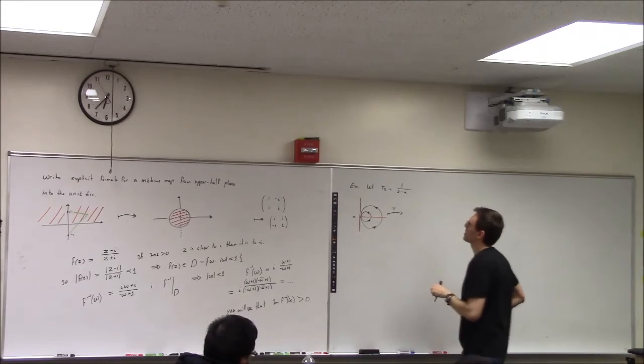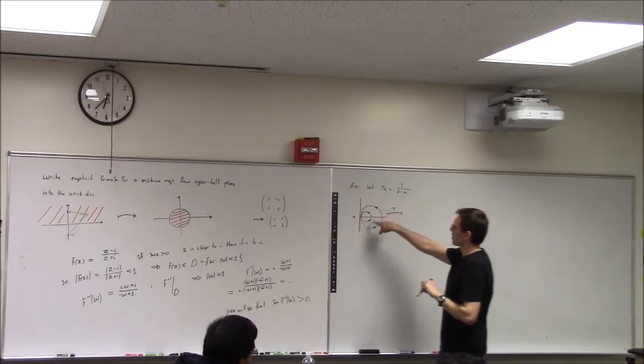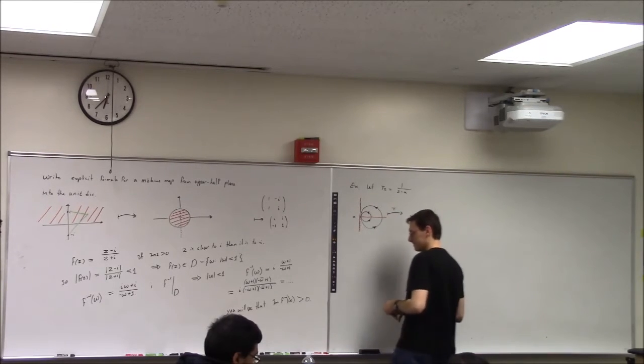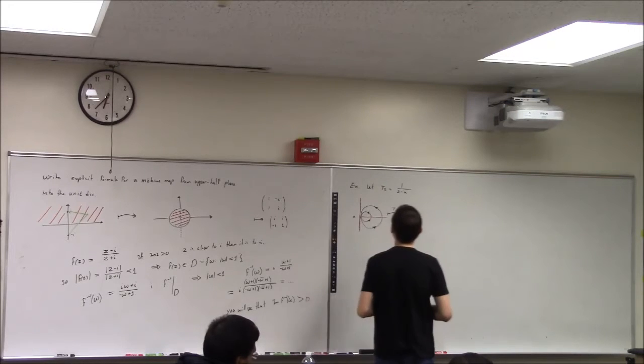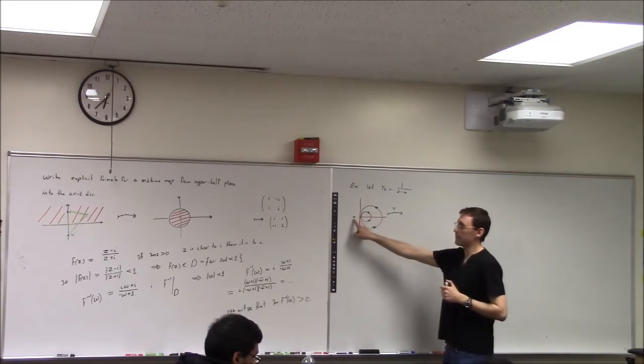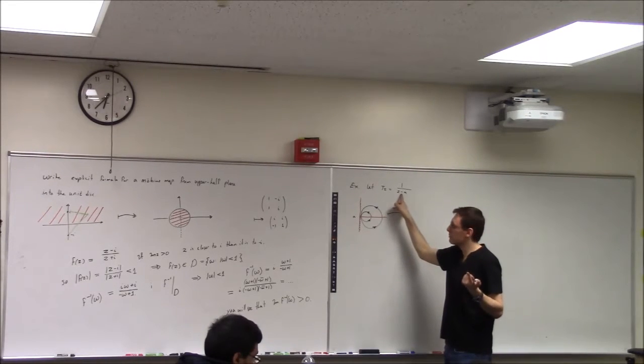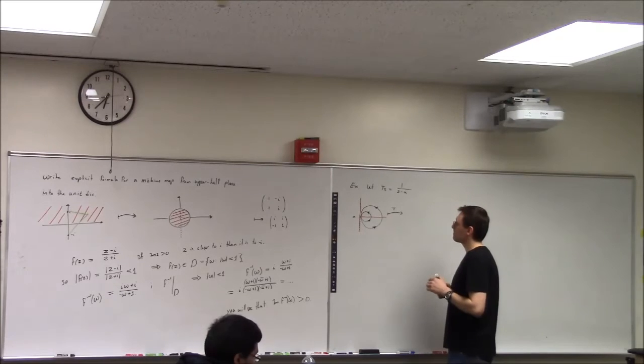So I give those circles counterclockwise orientation. So where is A mapped by this Mobius map? To infinity, right?